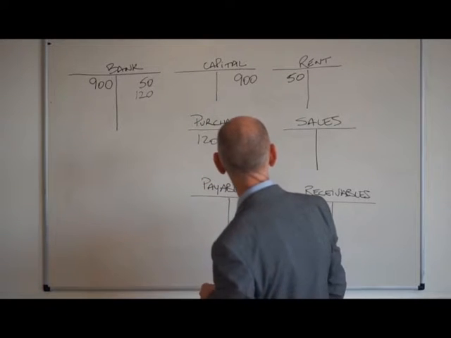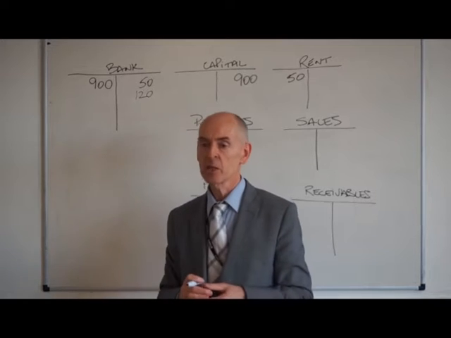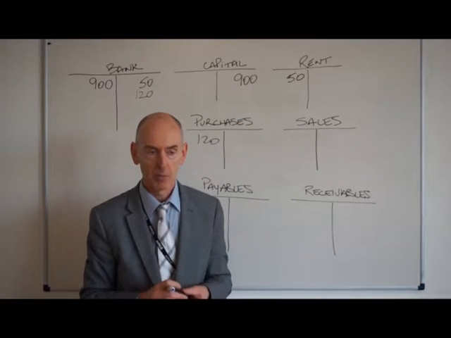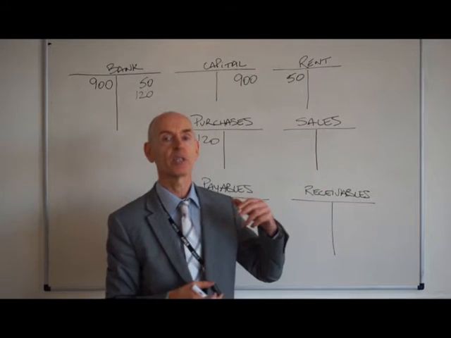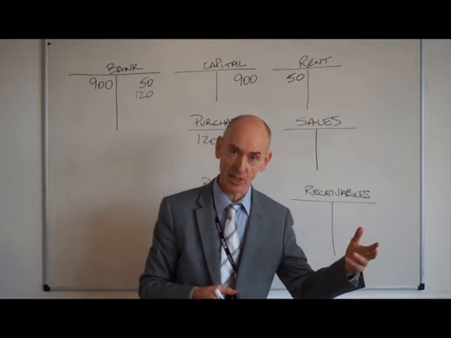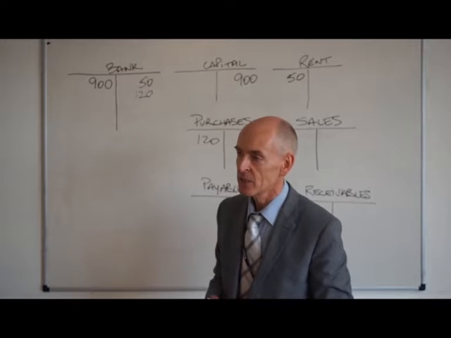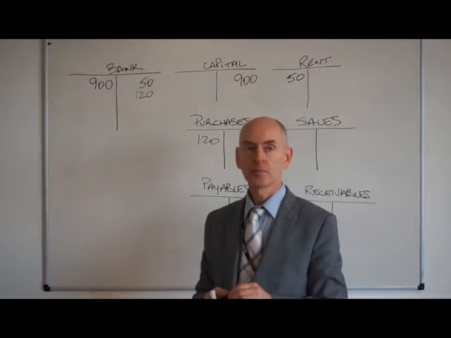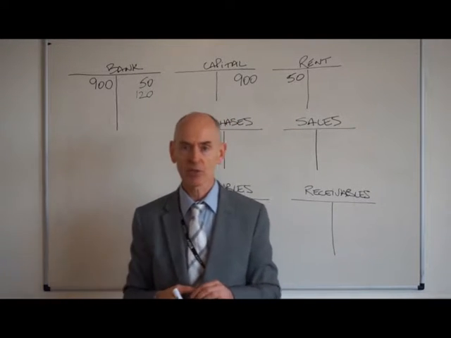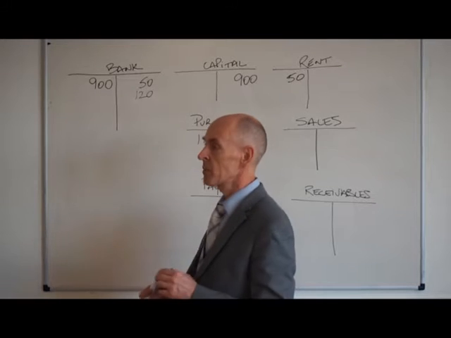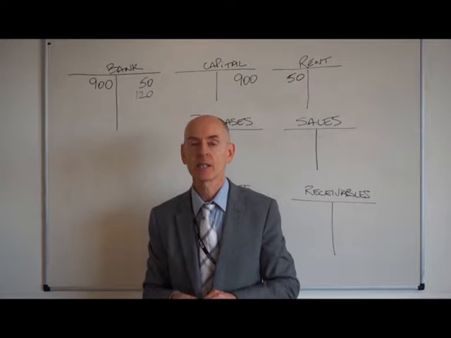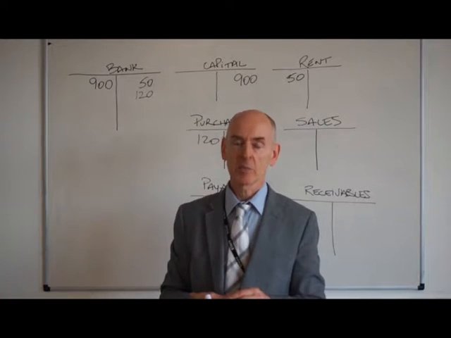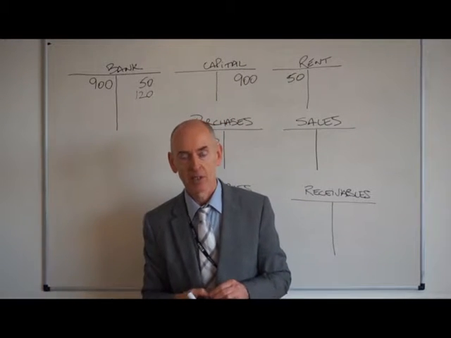The next transaction we're going to do is we're going to make a purchase, but we're not going to pay for it straight away. We're going to pay for it later, 30 days, let's say, later. And the amount is going to be for, let's say, £80. So if we're going to make a purchase for £80 but not pay for it until later, then we won't be using the bank asset account.